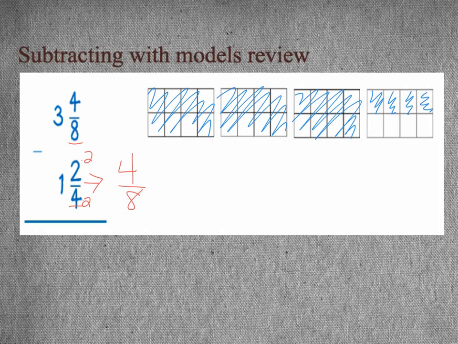And I'm going to cross out my 1 whole and 4 of the 8 parts. And let's see how many I have left over. I have 2 wholes. So 3 4/8 minus 1 2/4 is 2.